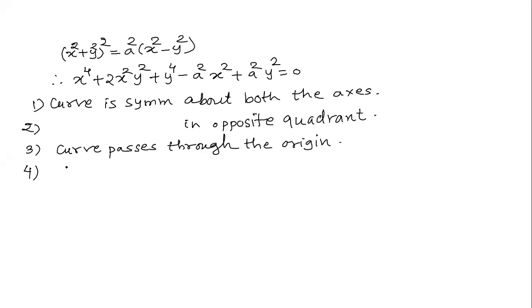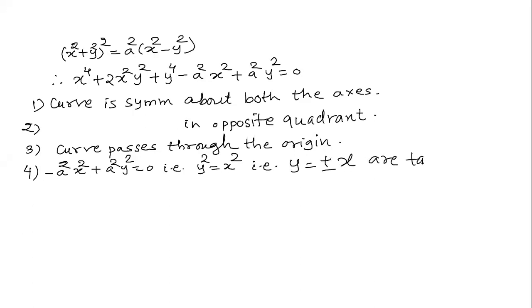Minus a square x square plus a square y square equal to 0, that is y square equal to x square, that is y equal to plus x and y equal to minus x are tangents at the origin.